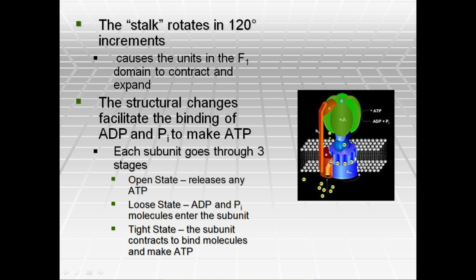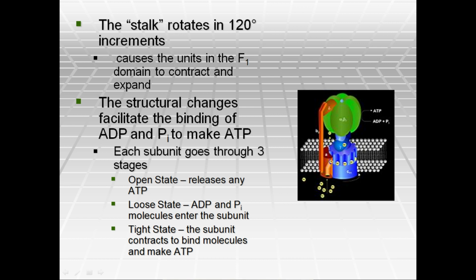Let's see all of this process in sequence. First, a proton gradient is established. The protons collect on one side of the membrane as is visible in the animated diagram. Then the protons flow through a channel in the enzyme, causing the protein subunits to rotate.